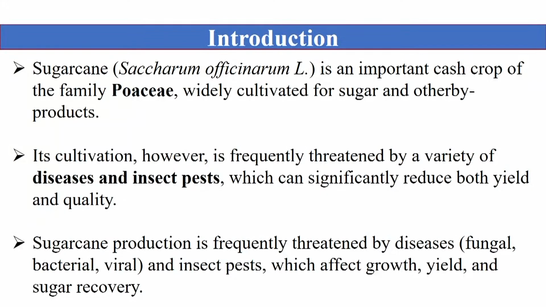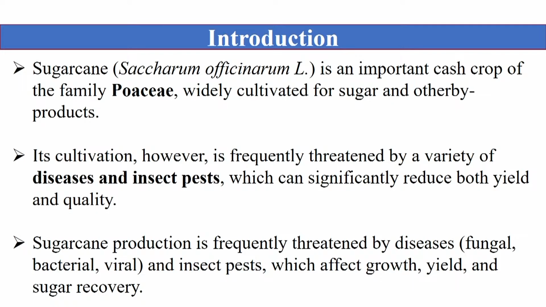Dear learners, sugarcane, Saccharum officinarum, is an important cash crop. It belongs to the family Poaceae. It is widely cultivated in many countries, however the cultivation is frequently threatened by a variety of diseases and insect pests, which can significantly reduce both yield and the quality of the produce.